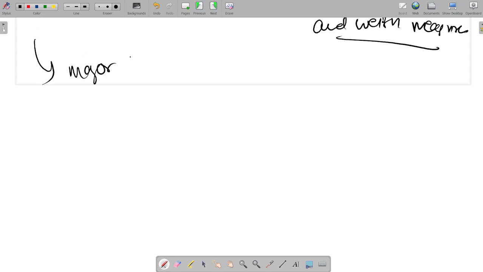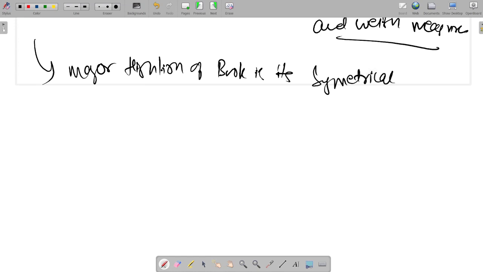The major highlight of the book is its symmetrical knowledge derived from the mathematical knowledge of Al-Biruni.